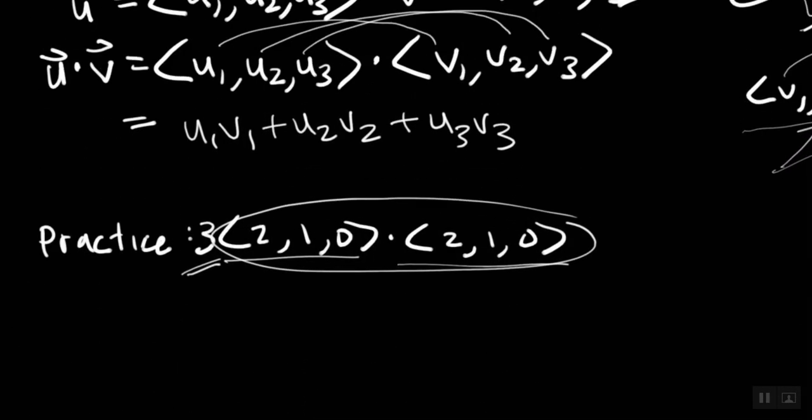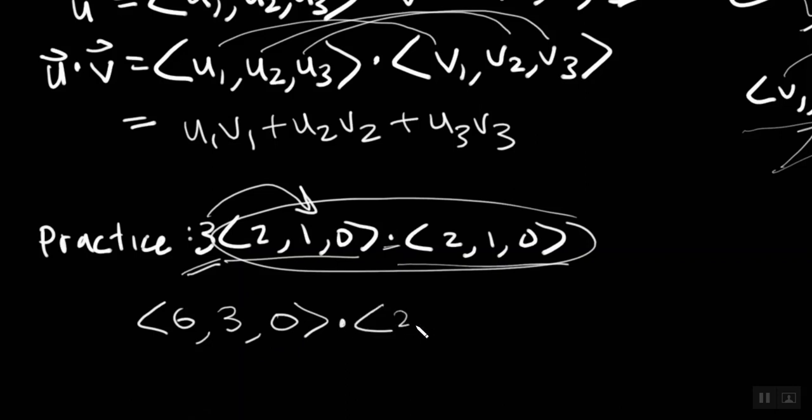So let's cling on this constant to the first vector. We know that 3 times 2 is 6, 3 times 1 is 3, and 3 times 0 is 0. Now, we have to actually dot product this with the second vector, 2, 1, 0, and we get 6 times 2, 12, plus 3 times 1, 3, plus 0 times 0, 0, and this is 15.